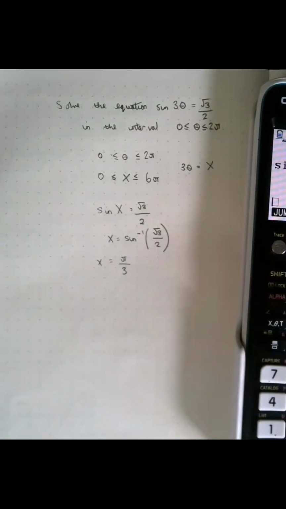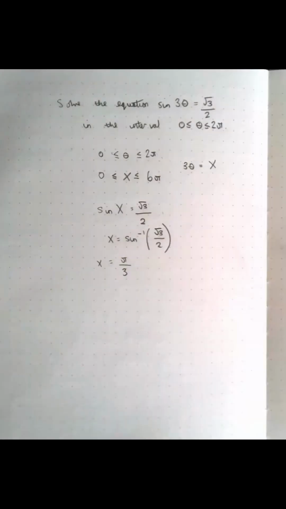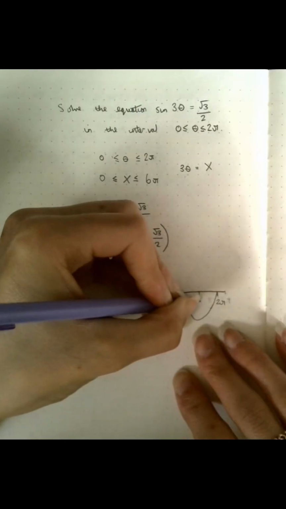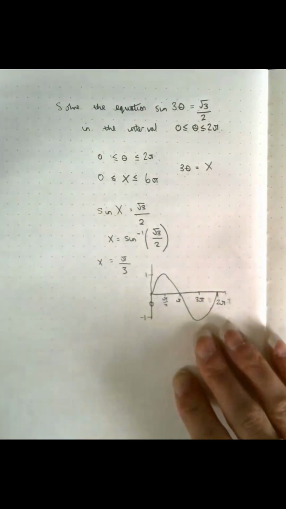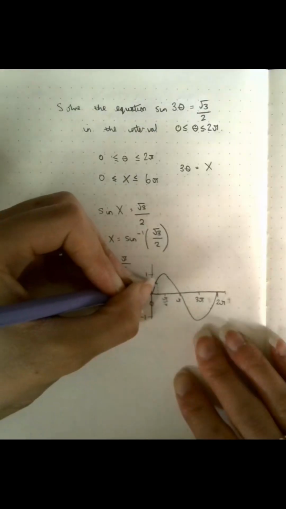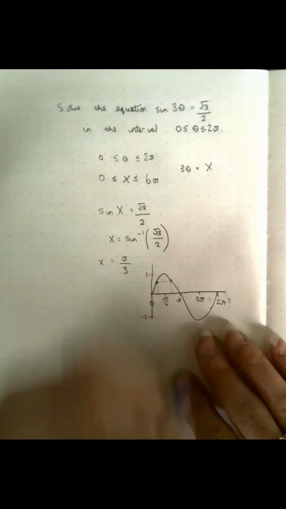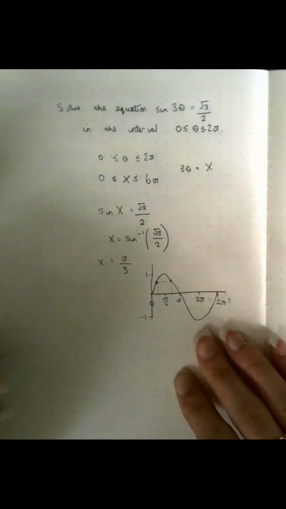Now we need to look at the intervals in our range from 0 to 6 pi. So let's first of all draw out our graph of sine. Pi over 3 is going to be here, before pi over 2. The other value in that range is going to be there. So those will be our values between 0 and 2 pi.